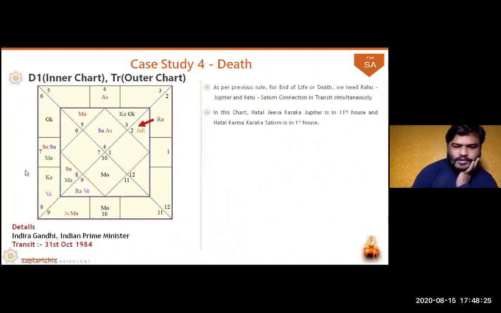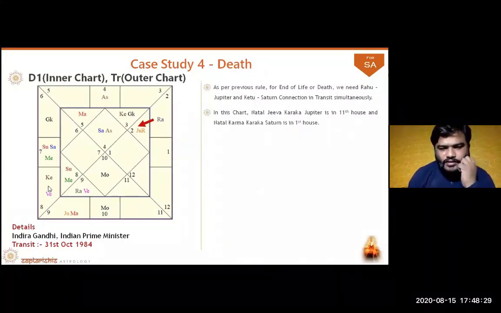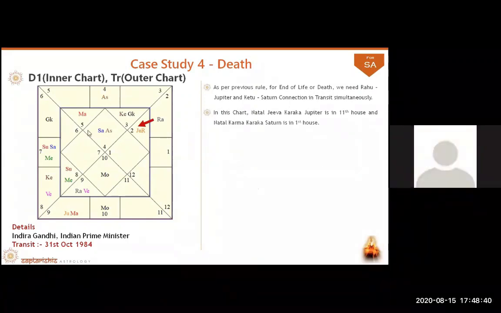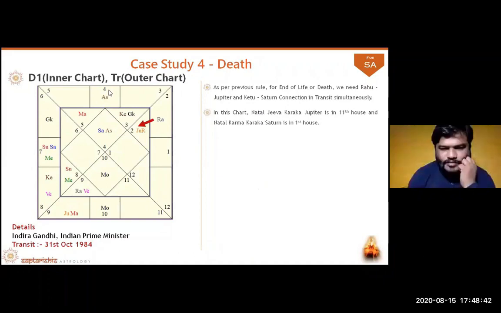Like in this chart, we can consider the aspect of Ketu: 1, 2, 3, 4, 5, 6, 7, 8, 9. Ninth aspect on Saturn. Ketu's ninth aspect on Saturn.